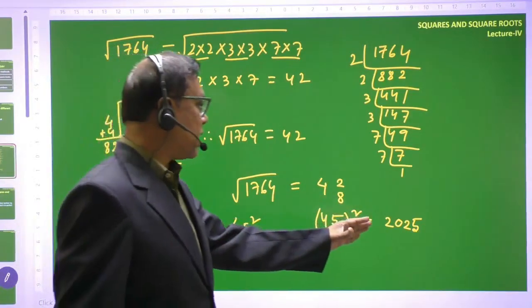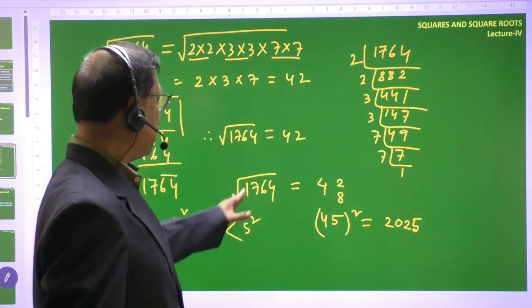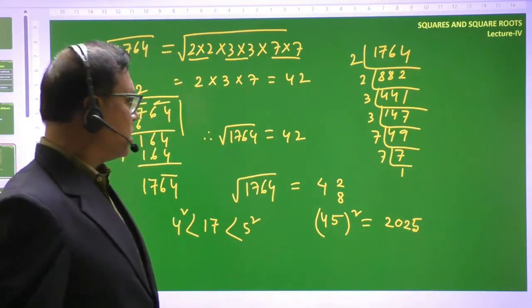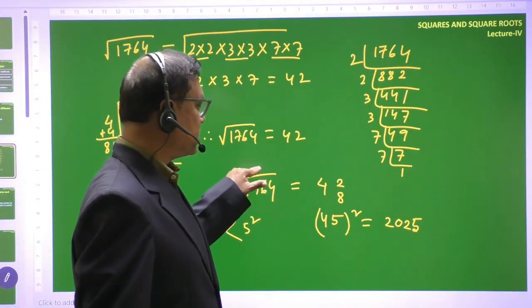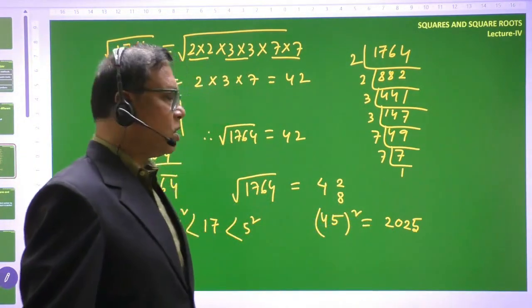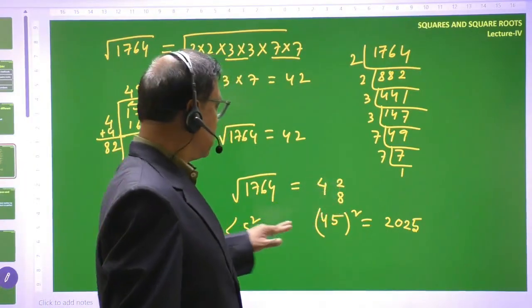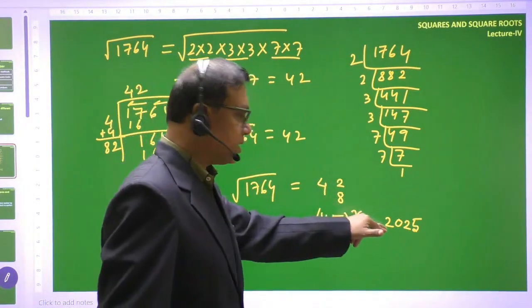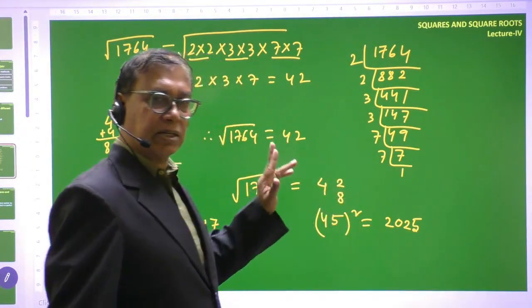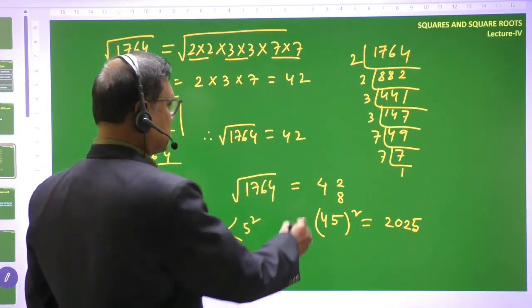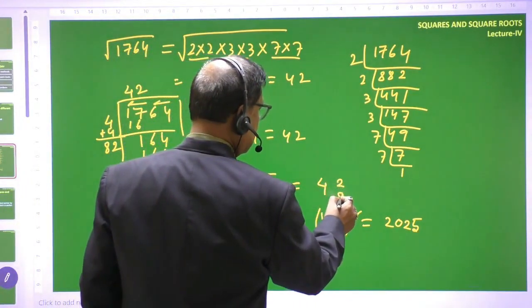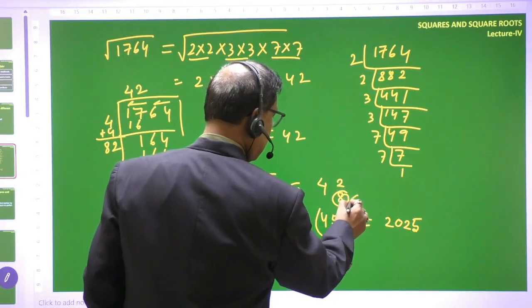Now this number and this number you have to check. Since this 1764 is less than this, you have to take the smaller value. If this number is more than this, then we have to take the larger digit. Is it clear? So according to this, 42 will be the answer, not 48.